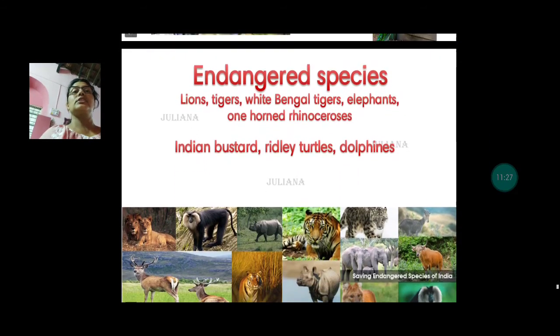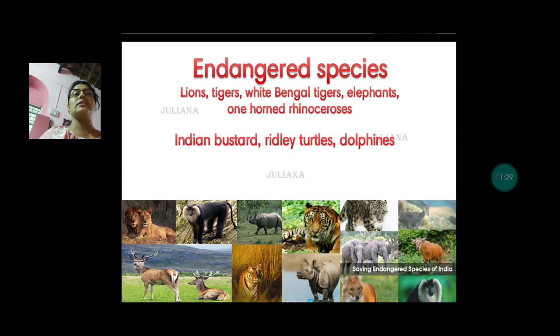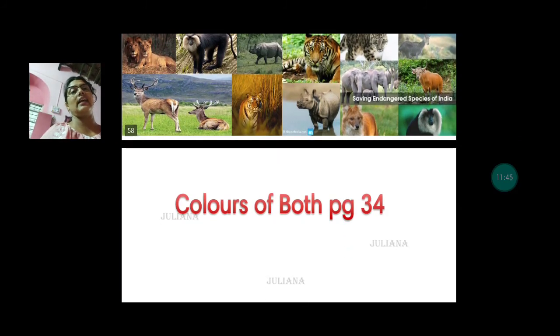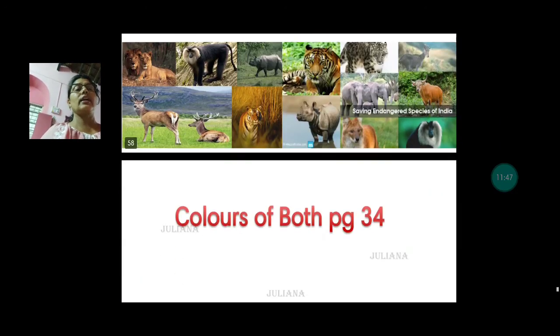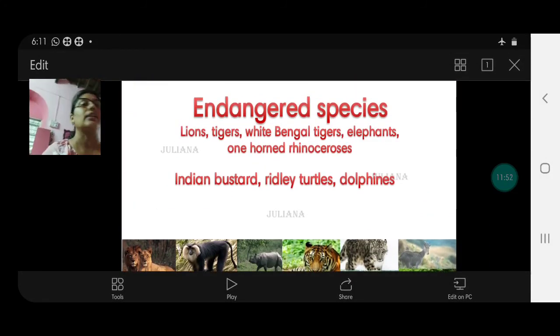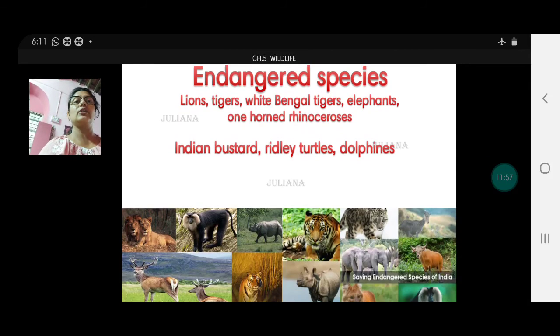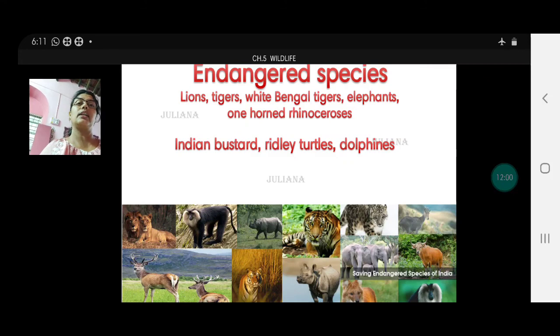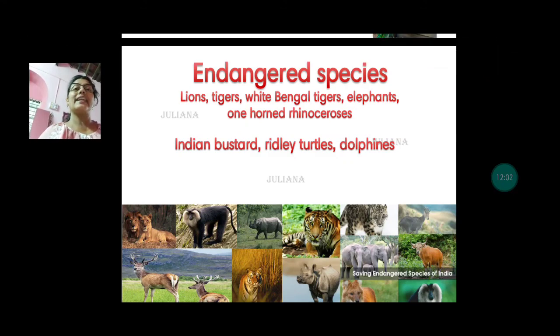Some of the endangered species are lions, tigers, white Bengal tigers, elephants, one-horned rhinoceros, Indian bustards, Ridley turtles, dolphins. In fact, you can search for the 10 most endangered species of India and you will come across a number of these animals. Now talking about the conservation measures, you need to remember what can be done. We can safeguard the wildlife by no illegal poaching, no illegal killing, and no teasing of these animals.